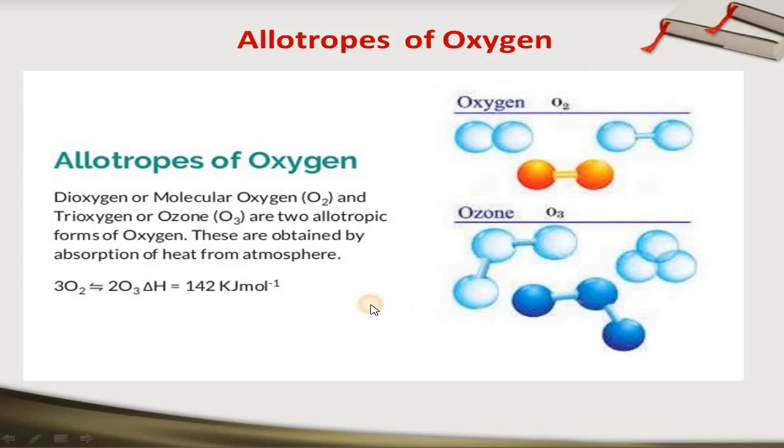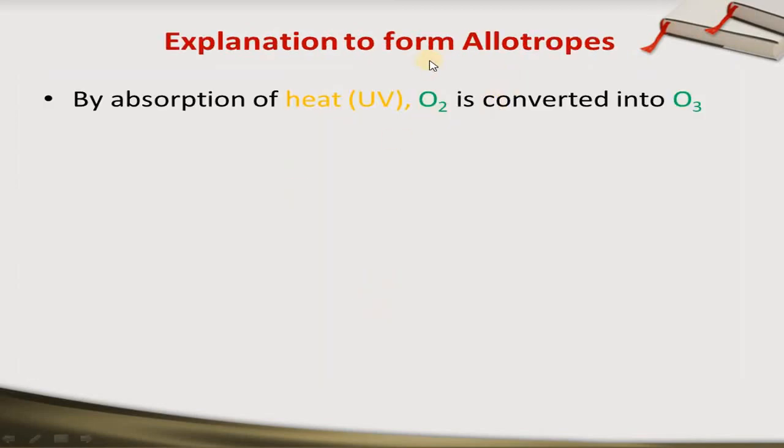Next we will discuss how these allotropes are formed, that is, how one allotrope is obtained from the other allotrope.